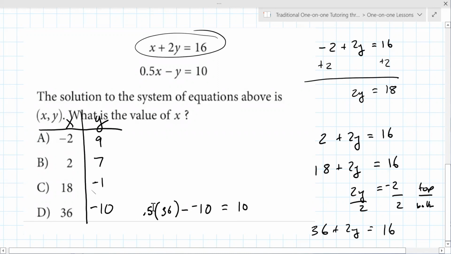So you can think of 0.5 as half. What is half of 36?